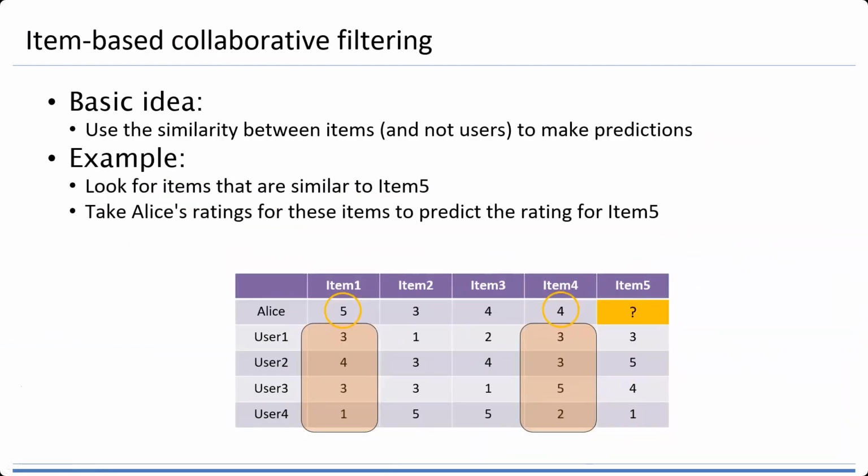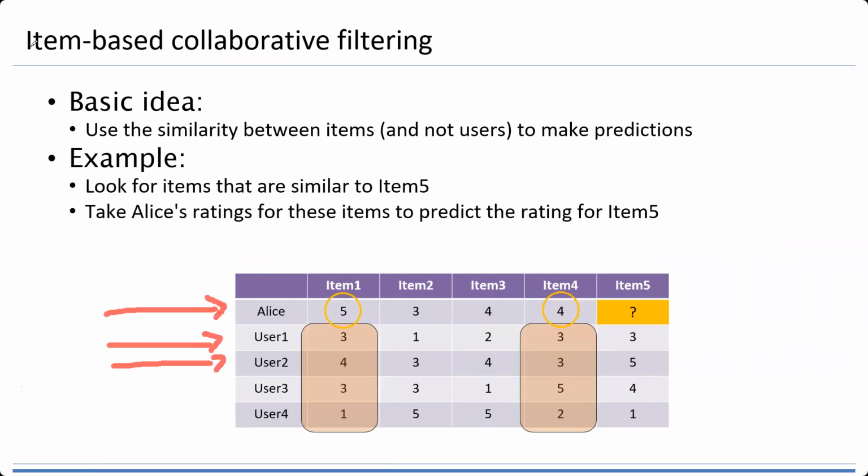So what we already did previously is the user-based collaborative filtering. The meaning of user-based is I use the information from the user and I calculate the similarity between the users.